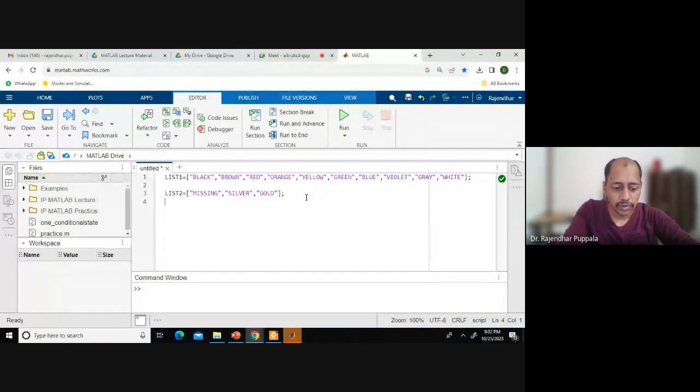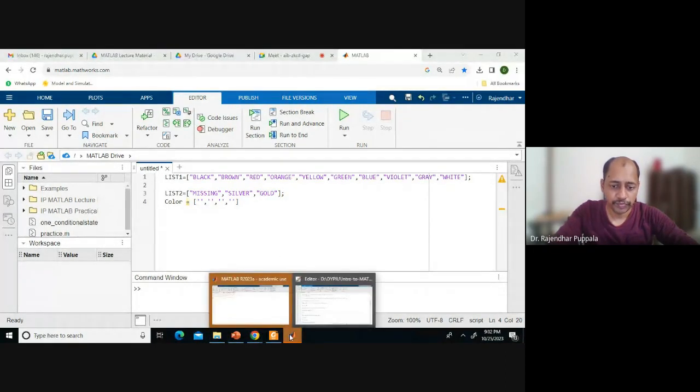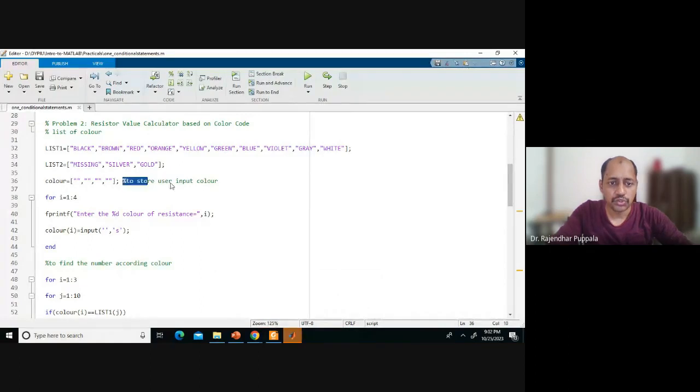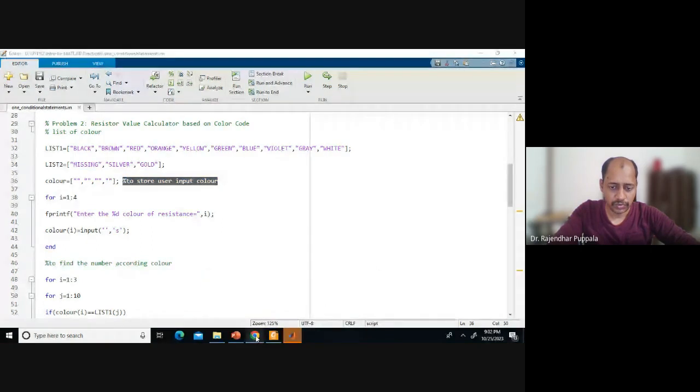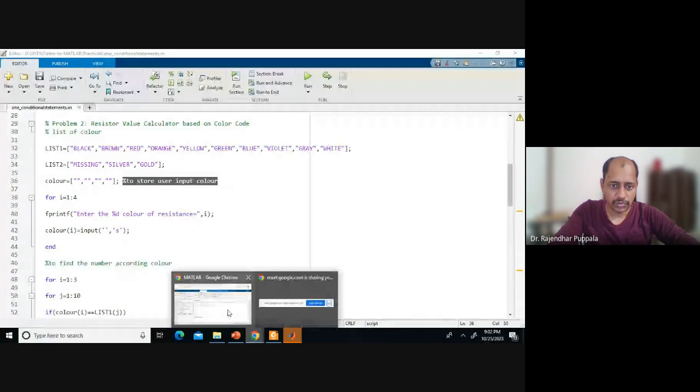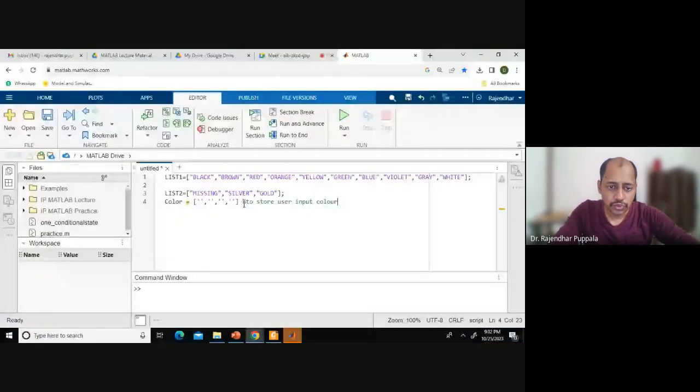Color equal to first input, second input, third input, and fourth input. This is to store the user input color. So four colors we are giving now.